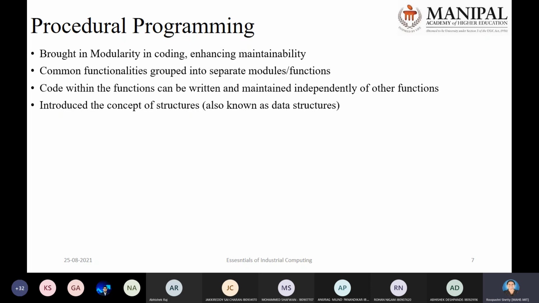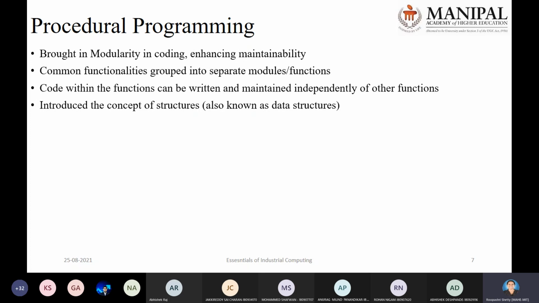And the language C, which you studied, had the concept of structures, which in general are nothing but data structures. They introduce the concept of structures: how the data is represented, how the global data is represented, how the local data is represented, how the array is represented.